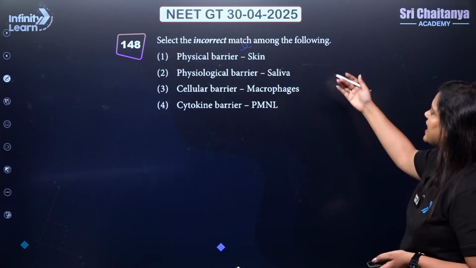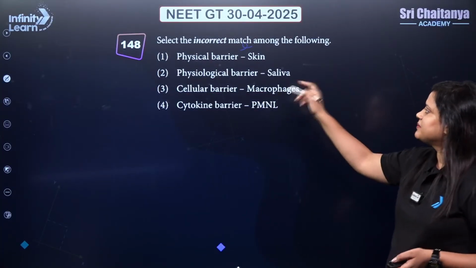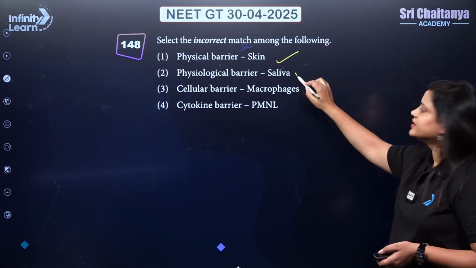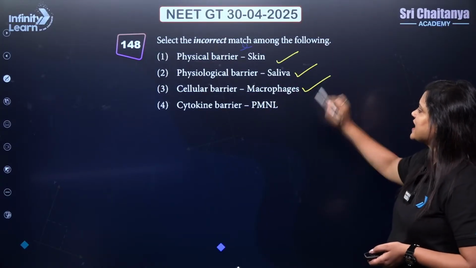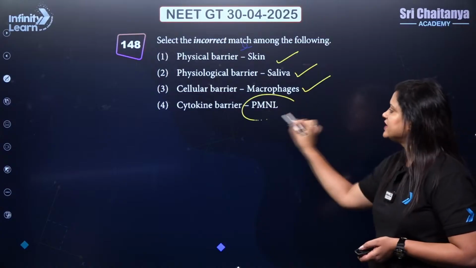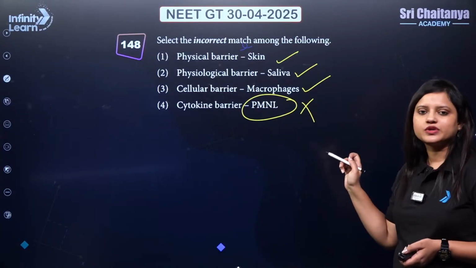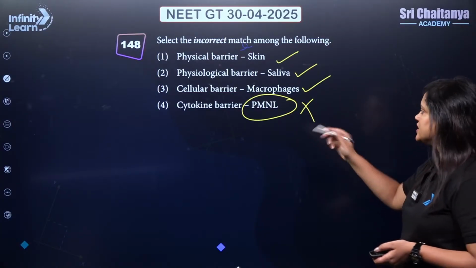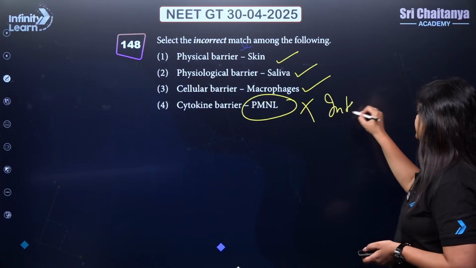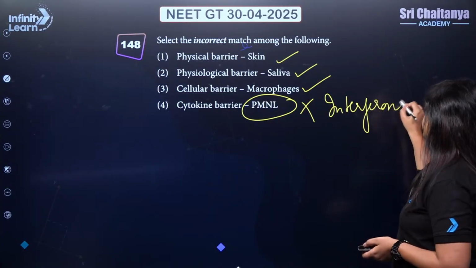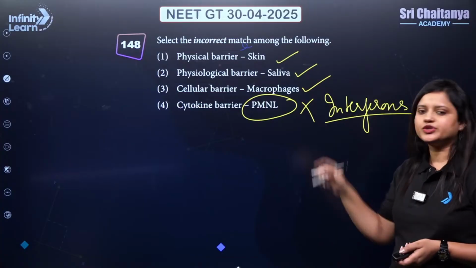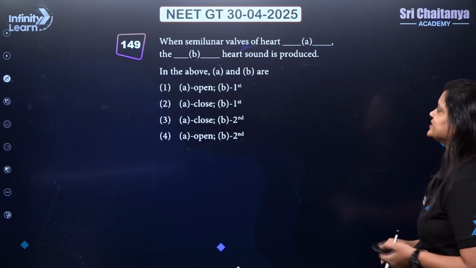Select the incorrect match among the following. Physical barrier is skin, physiological barrier is saliva, cellular barrier is macrophage, and cytokine barrier will not be polymorphonuclear leukocyte, it is a neutrophil. So it should be interferons. So correct answer should be 4. Right? Good.